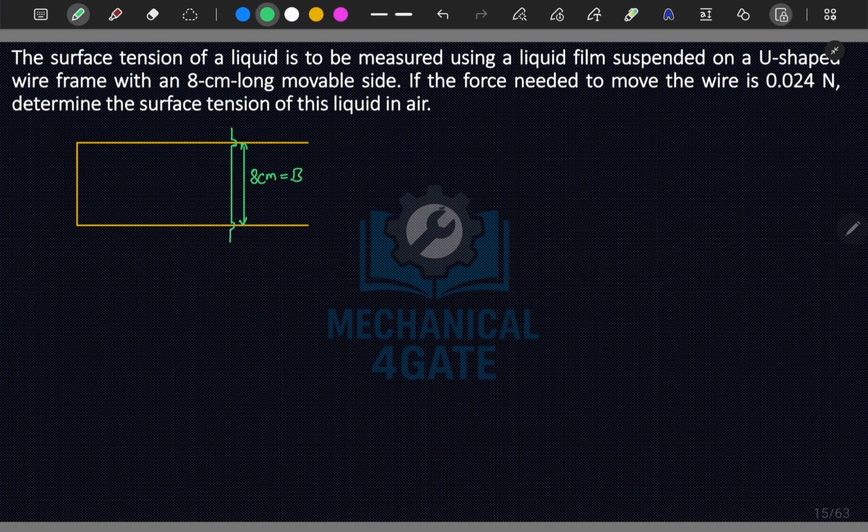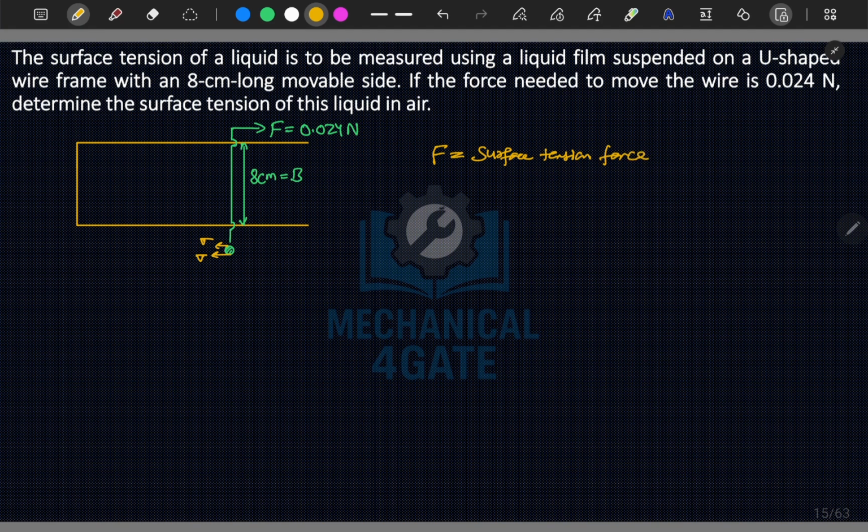To move the wire we need a force F equal to 0.024 Newton. Determine the surface tension of the liquid in the air. The wire does have some diameter, so we will consider the surface tension of both the upper side and the lower side. So this force should be equal to the surface tension force.